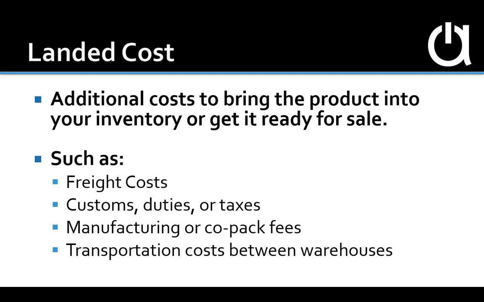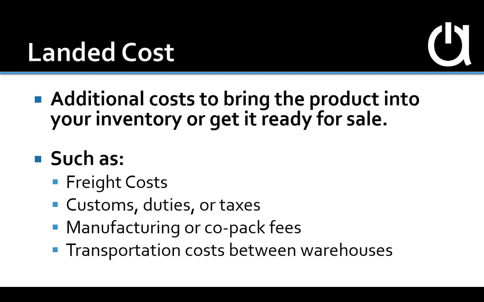If you purchase from overseas or across a border, you may receive bills for customs fees or taxes. We'll be able to apply the cost of those bills directly to the products that we brought in. And then some companies utilizing Acctivate will utilize co-packers or subcontract manufacturing.